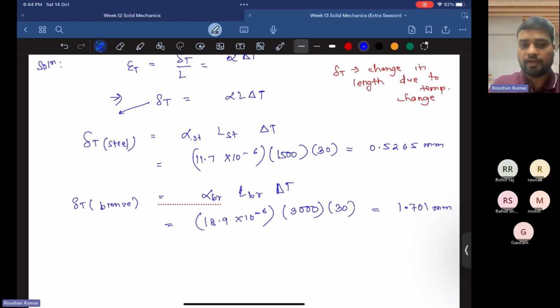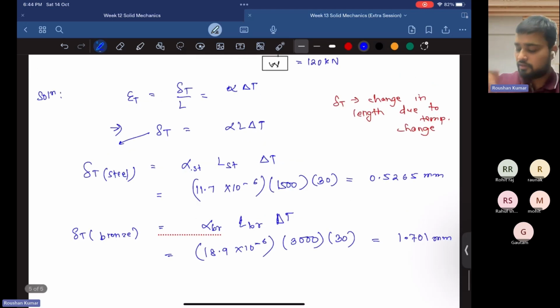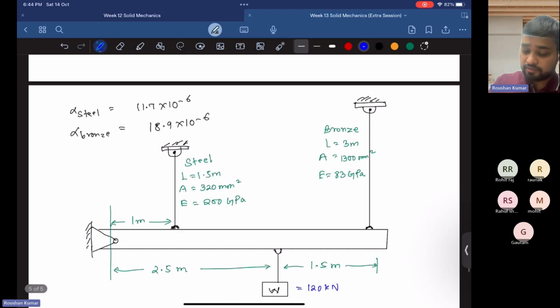So we calculated the change in length due to temperature change of the steel and the bronze bar. Now if we give heat, that is, if the temperature of the system changes, then stress will develop in both the steel and the bronze, and we have to find the value of that stress.